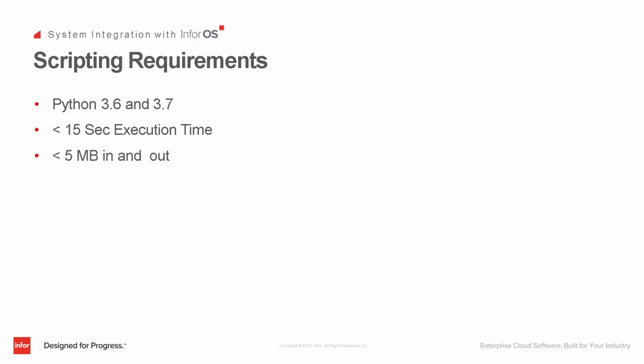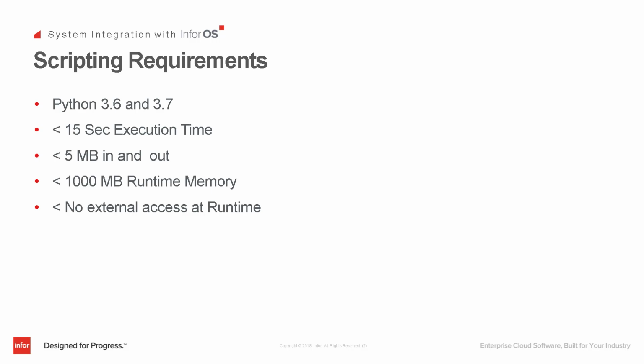The payload that comes into the script from your document flow and then back out of the script to your document flow has to be smaller than 5 megabytes in size. And the total runtime memory consumed during the execution of that script has to be less than 1,000 megabytes. There's also no external access to any other systems via API calls or web service calls or anything like that within your script during runtime.